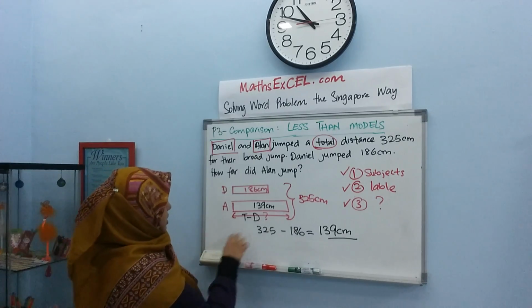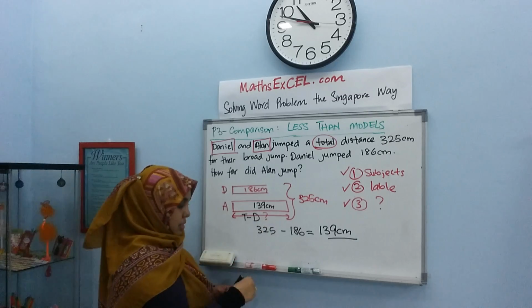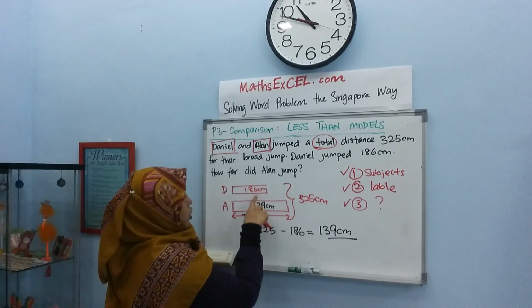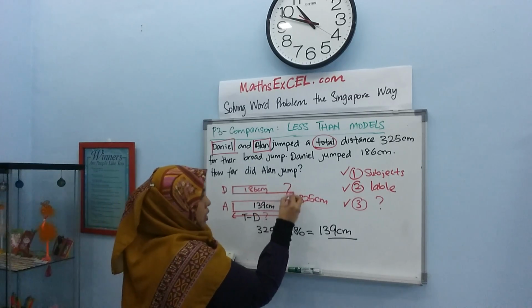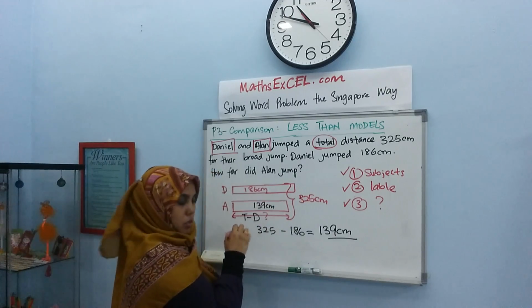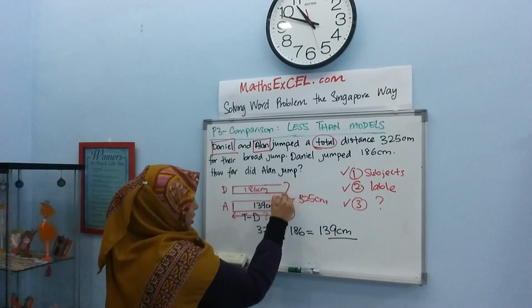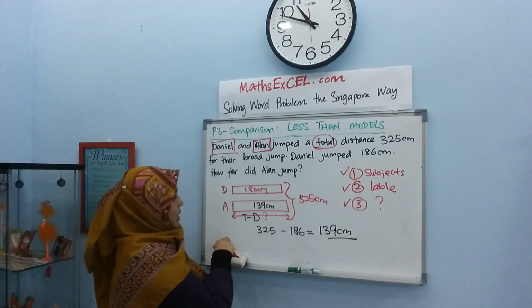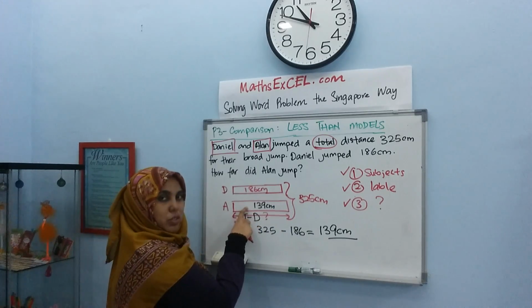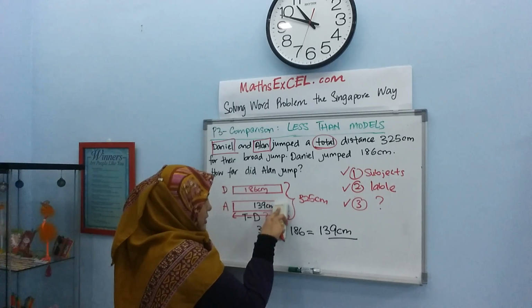So in this case I will tell them, get your eraser and make your 186 longer, maybe not touching to here. Alright, so it's going to be like that. And you're going to shorten this 139. So get them to shorten it.